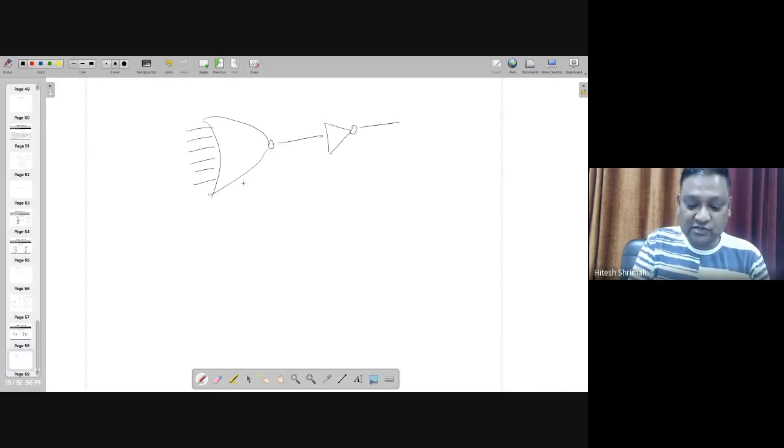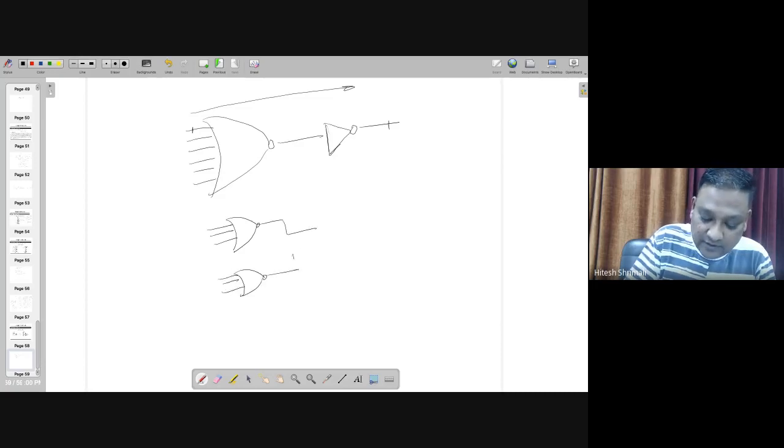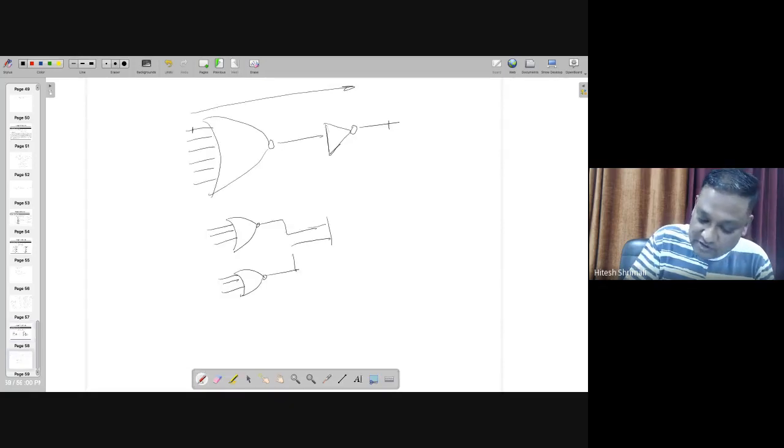So it takes lots of time to propagate this logic from this input to the output, right? And this will also have some propagation delay. So in that case, the easier way might be like you can reconstruct the logic like this.